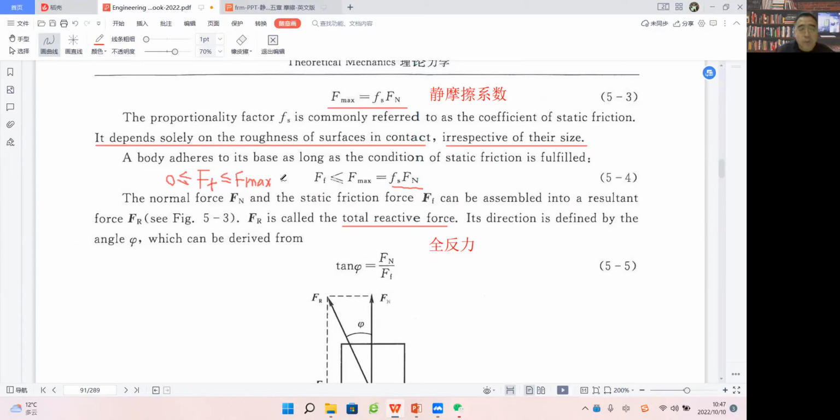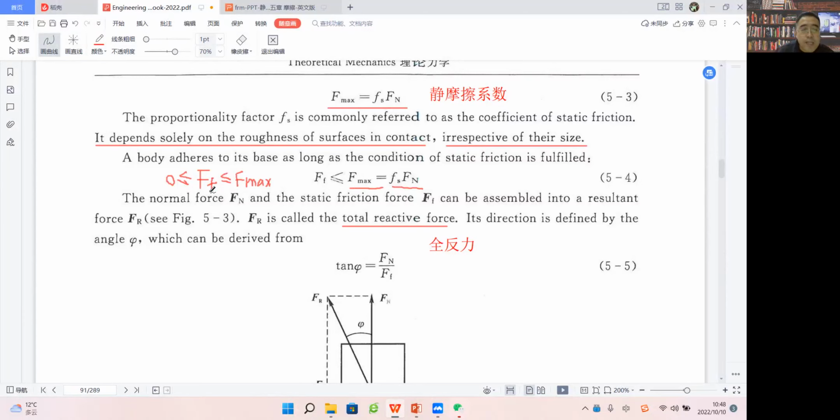No? So if we make sure that this box is in the critical state, in other words, only the maximum of this static friction fulfills this equation, right? We never use this equation to calculate Ff.